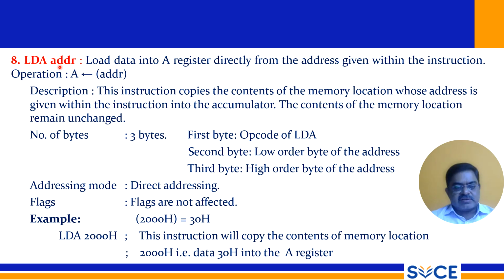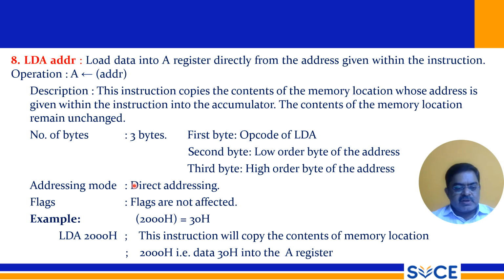LDA address. Now it is the opposite of STA address. Whatever is there in this address will be stored in the accumulator. So the accumulator is holding the data. Whatever data this address has will be stored directly into the accumulator.